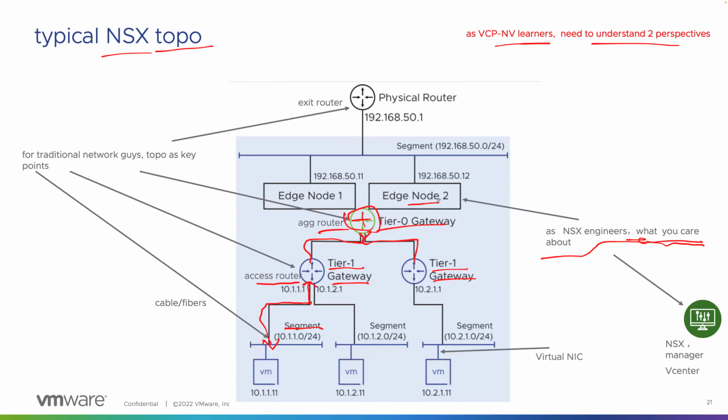For example, here, because T1 or T0 logical components are located in the edge node, sitting on the edge node, and the edge node is a VM, you have to check the health of the edge node to ensure that every T1, T0 virtual component is still operational. You also have to care about the communication with the manager and the vCenter because they are combined together.